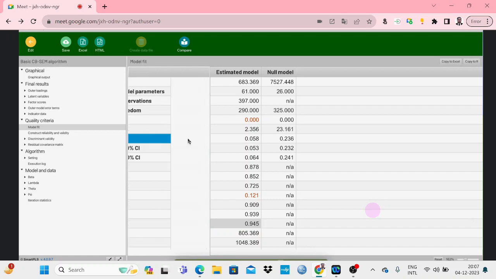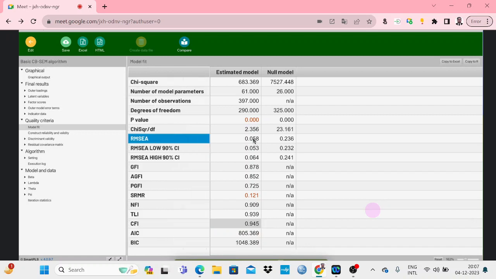This value should be as close to zero as possible. For our model, this value is 0.05. This also gives the confidence interval, that is, what the value of this fit index will be in the whole population. So it is giving us a range of 0.053 to 0.064, and the actual value for the sample obtained is 0.058.